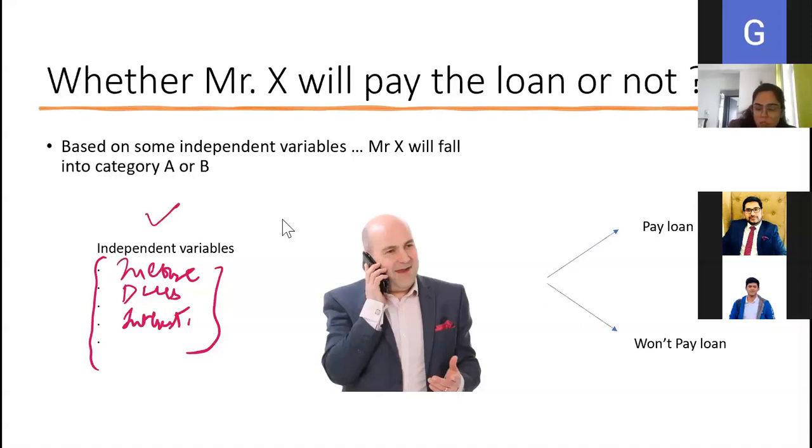That kind of analysis is for finding answers that are categorical, where your answer is yes or no, or even 1, 2, 3, like whether he's a medium, high, or low user of a product. That also we can find. Basically, the dependent variable should be categorical.